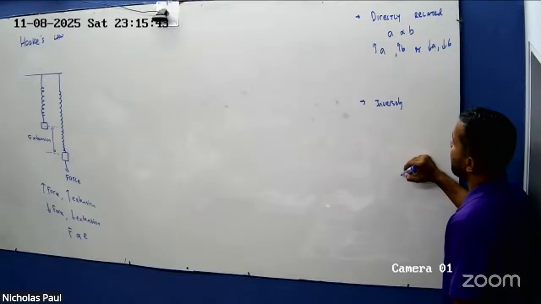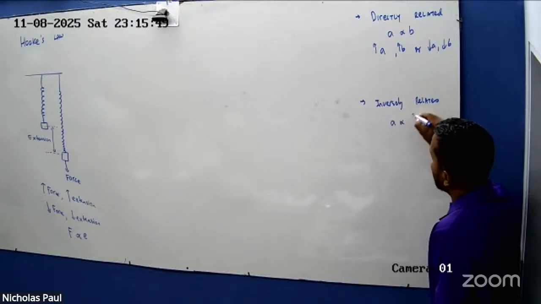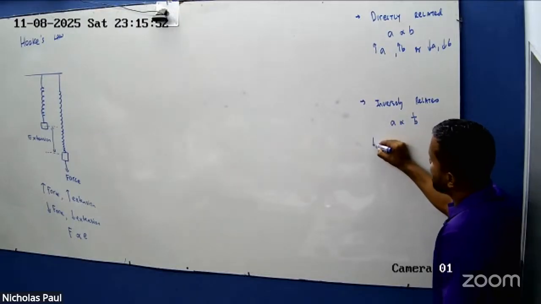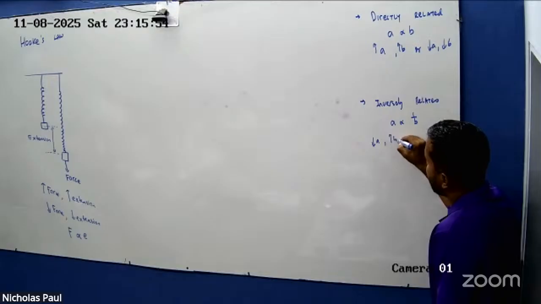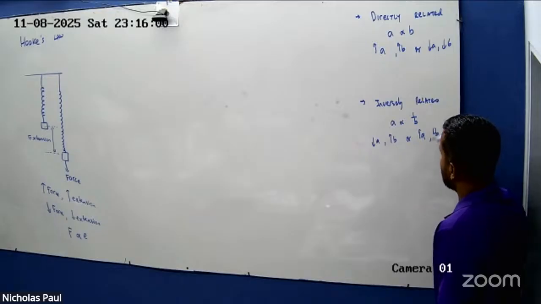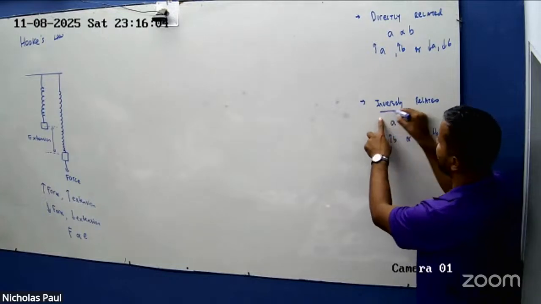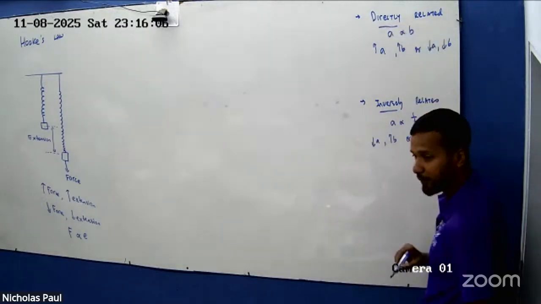Inversely related or inversely proportional. Inversely is the other way around. If A is getting smaller, B behaves in the opposite way, or if A is getting larger, B behaves in the opposite way. So you have to look out for these words, inversely related or directly related.